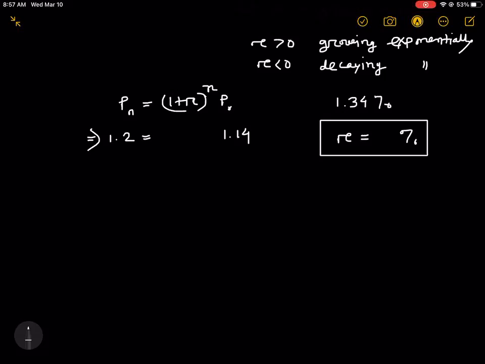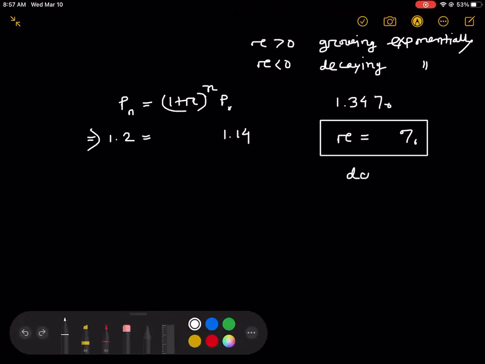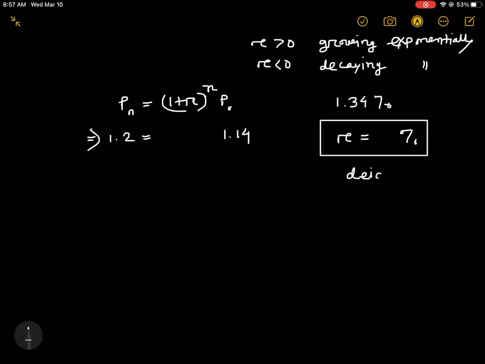So if you have R, that means growth rate, given in percentage, you need to rewrite it first in decimals.